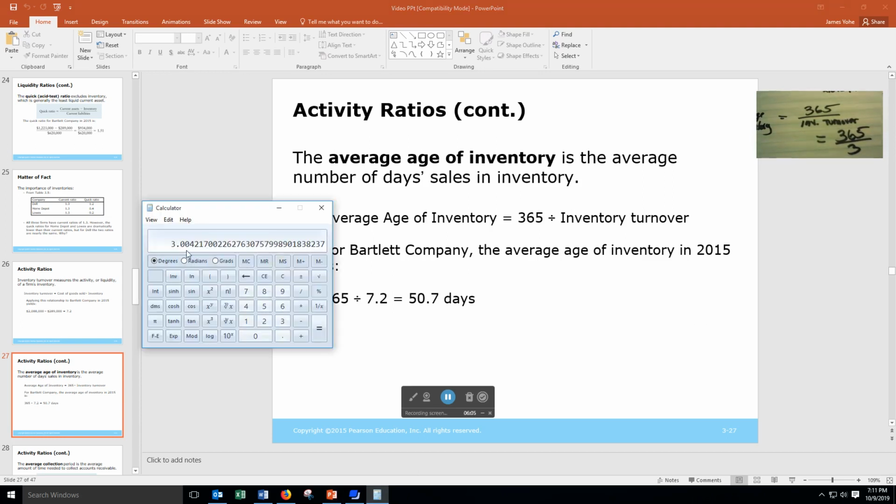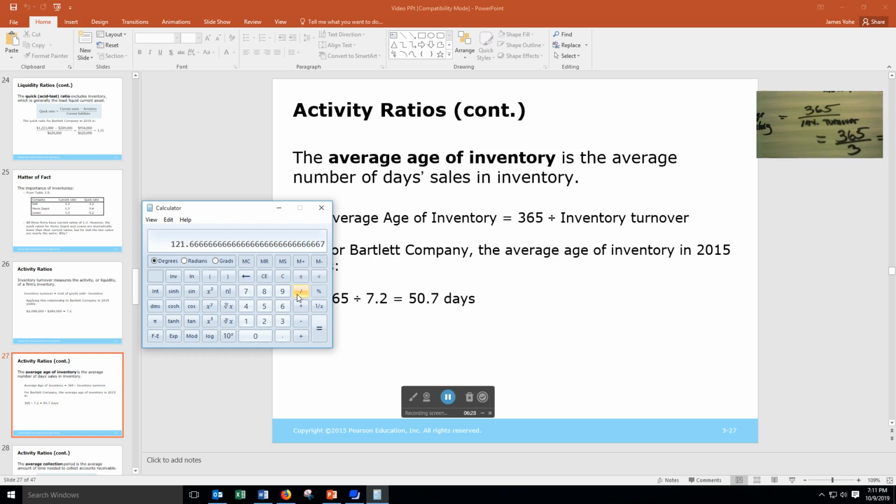A better way of doing it would be to save this number, but we're not going to worry about that. We're going to take 365, divide it by 3, and that tells us on average our inventory sits around for 122 and 2/3 days.